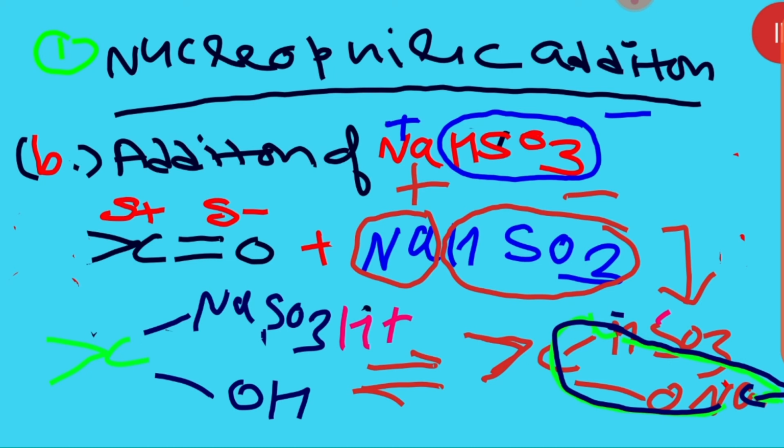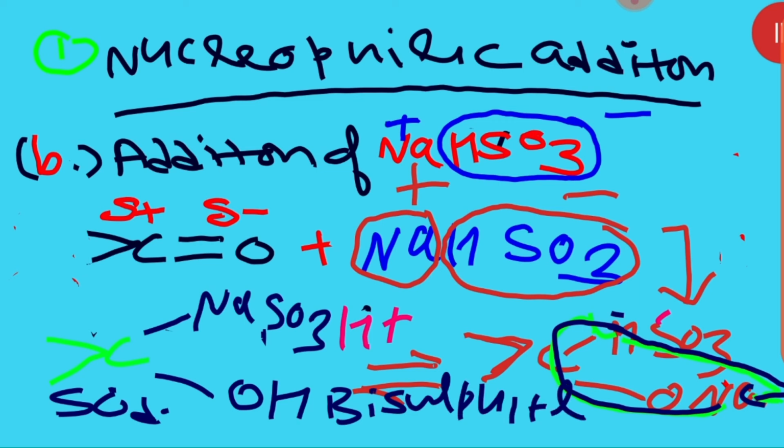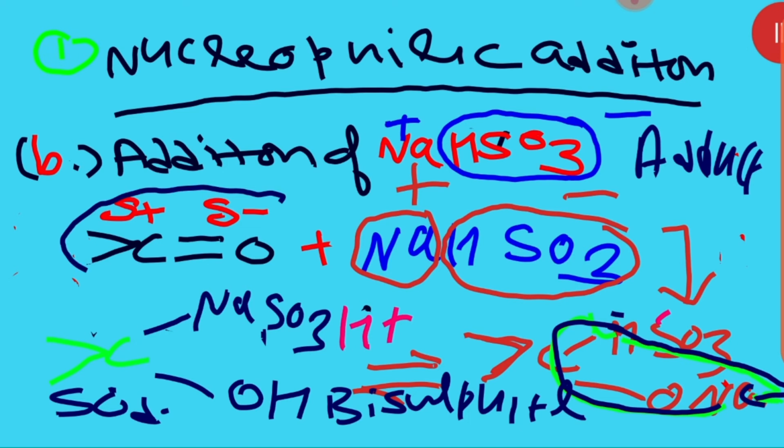This is known as sodium bisulfite adduct. Adduct means addition product. Just remember, if this one is an aldehyde, then it will be known as aldehyde sodium bisulfite adduct. If it is a ketone, then it is called ketone sodium bisulfite adduct. Like this way only we are going to do over there.